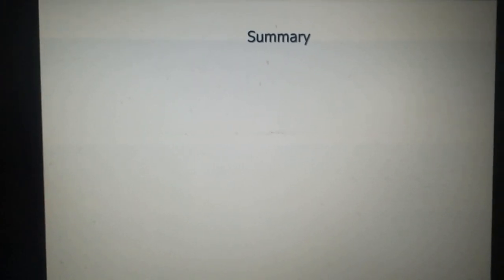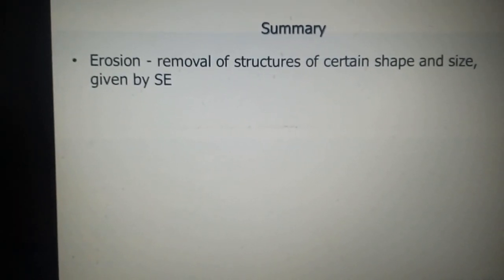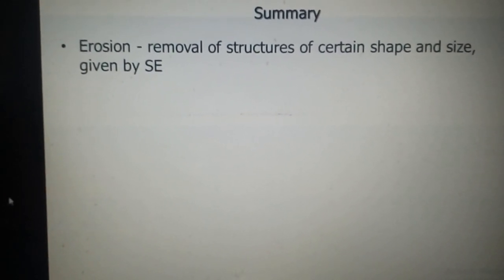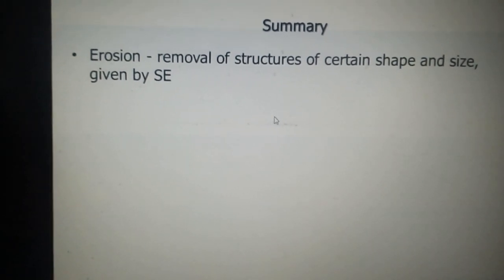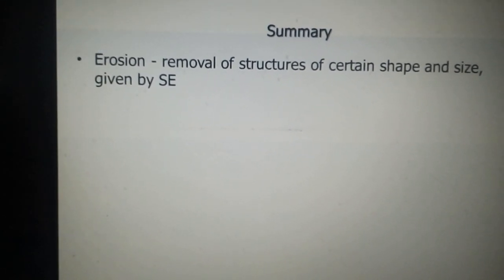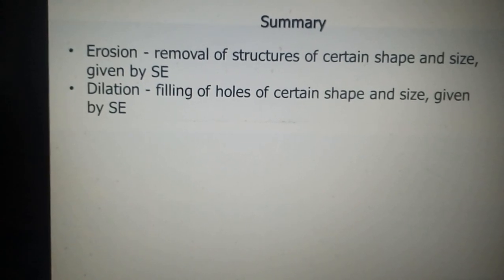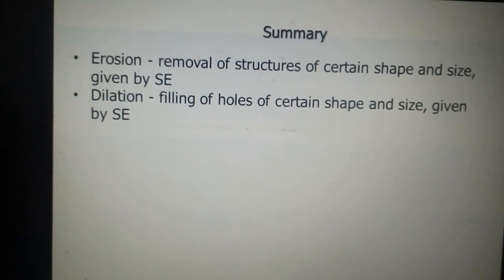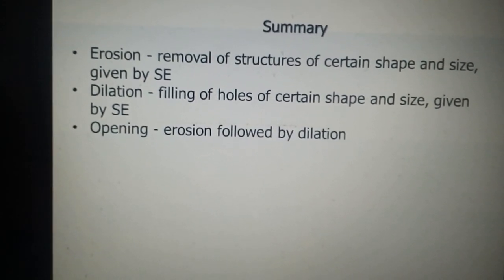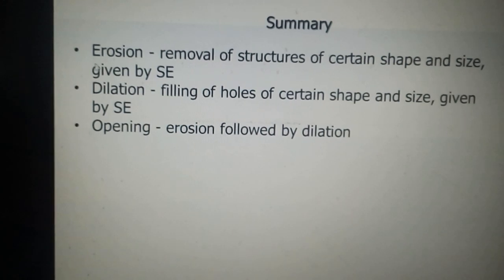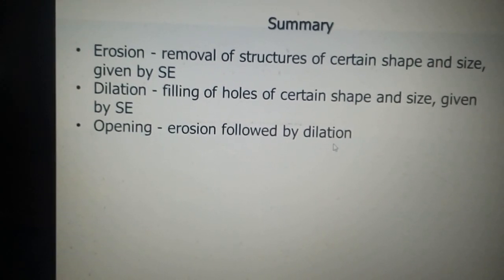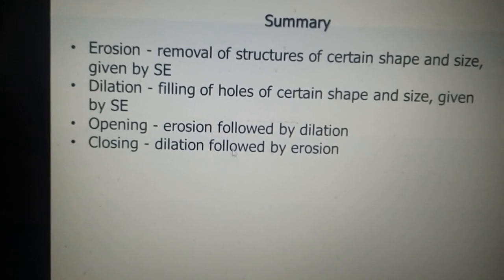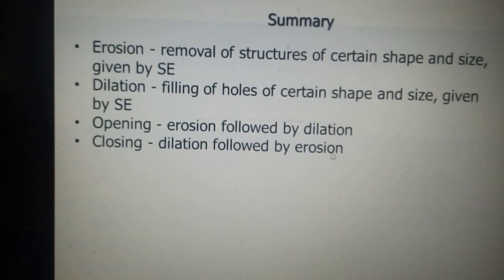So what we have seen thus far in this module is erosion. That is, erosion is nothing but the removal of structures of certain shapes and size, which is given by the structuring element, and dilation is the filling of holes of certain shapes and size given by the structuring element, and opening is done by erosion followed by the dilation process, and closing is done by dilation followed by an erosion process.